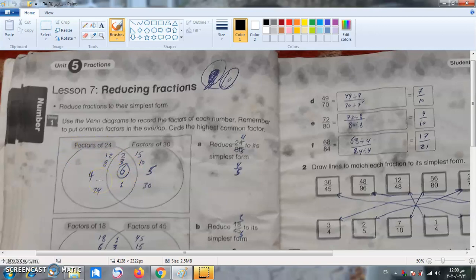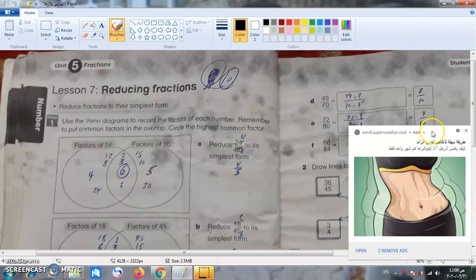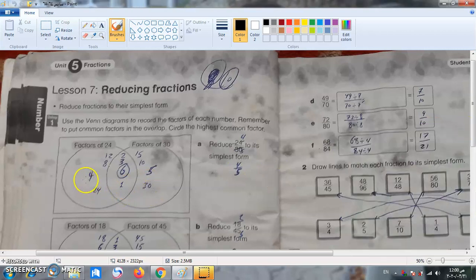What are they? As we said before, if you would like to put them easily, you can start from 1 with the same number. So 24, it's 1 multiplied by 24, 2 multiplied by 12, 3 multiplied by 8, and 6 multiplied by 4. And if we go quickly to the factors of 30, the same.